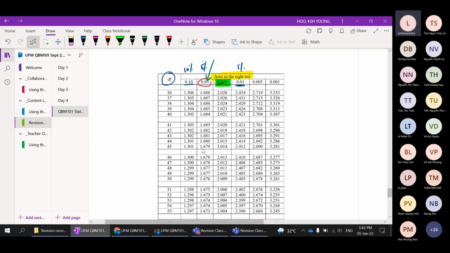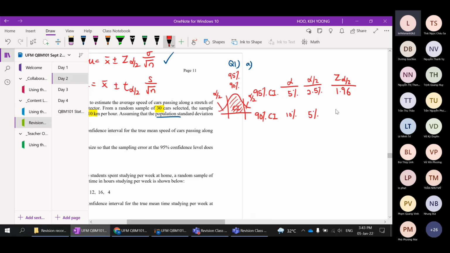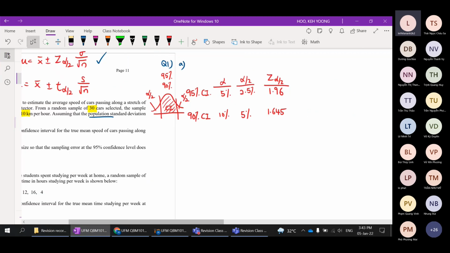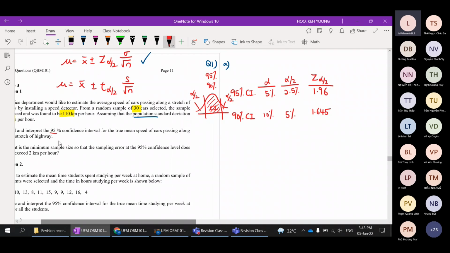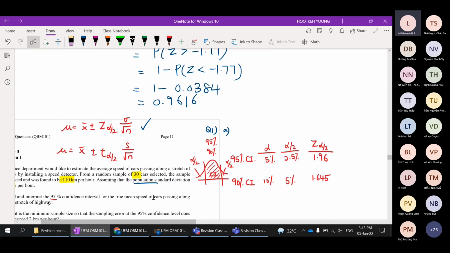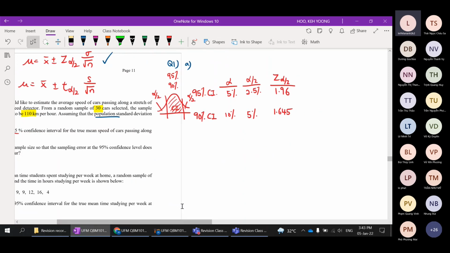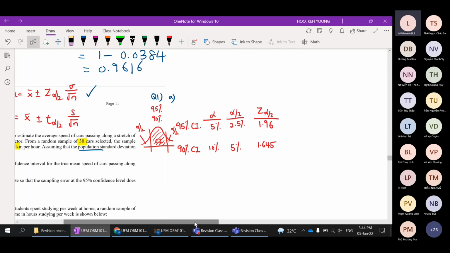That area is 0.05, or 5%, so 1.645. So you look at the interval that we want to find. Sometimes it could be 95%, 90%, or 99%. So you read the question and find the Z value from the statistical table.